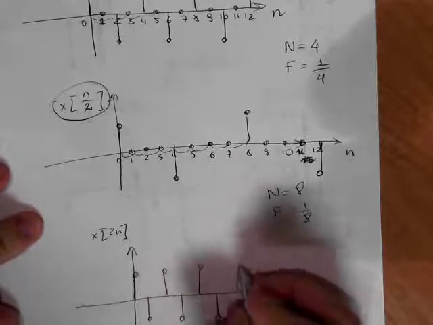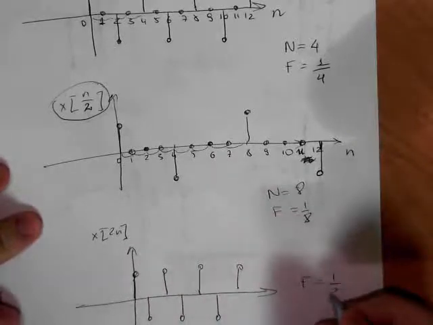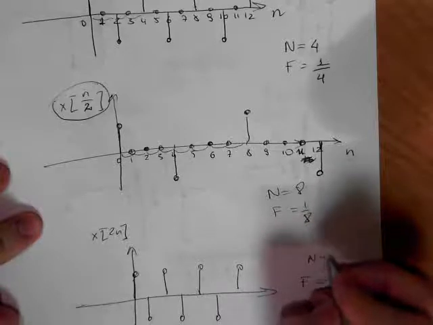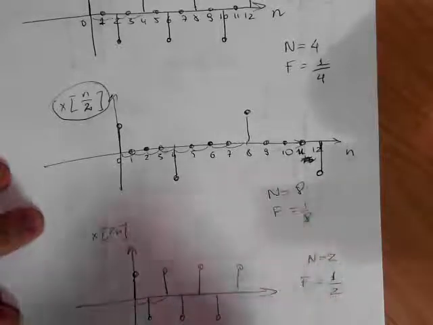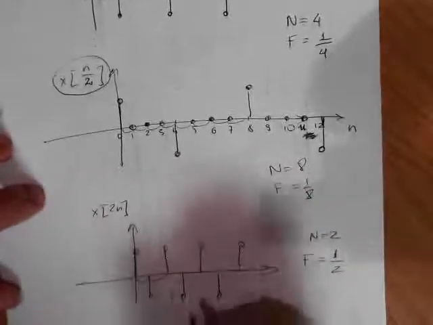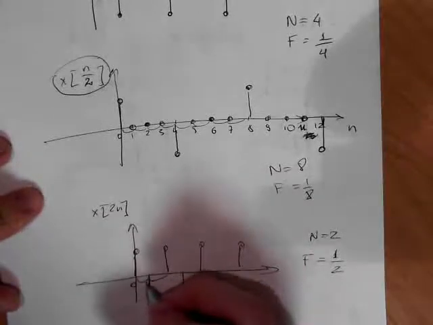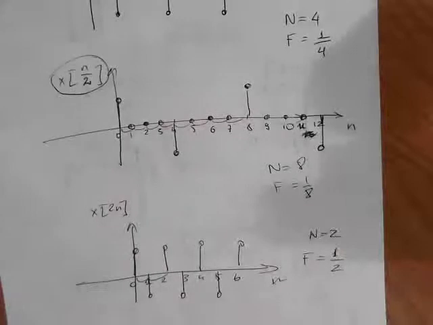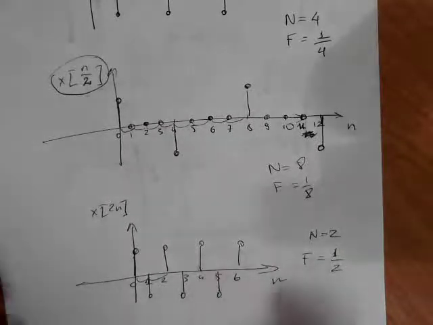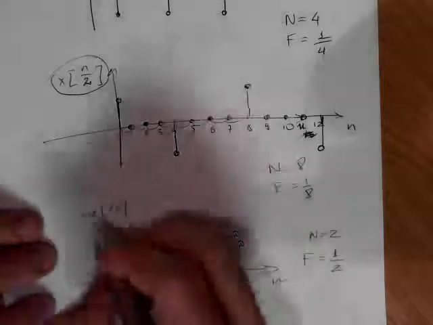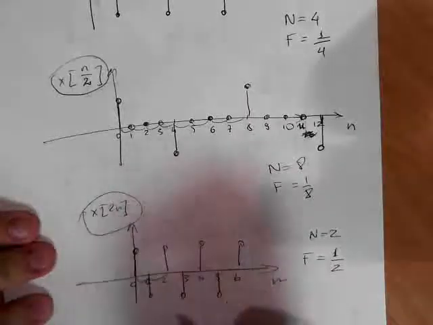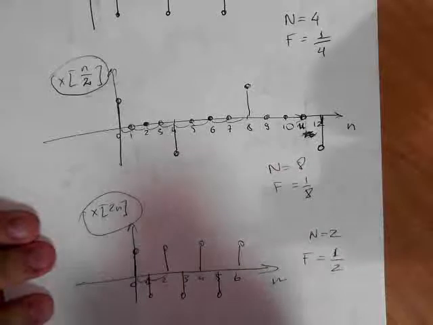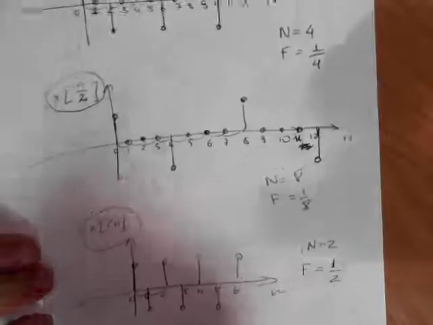So we take by division and we get f, which is 1 divided by 2 because N is 2. 2 gaps here. This is the highest possible frequency in discrete time. As we have multiplication here, the frequency increases. So this is the answer to question number 2.